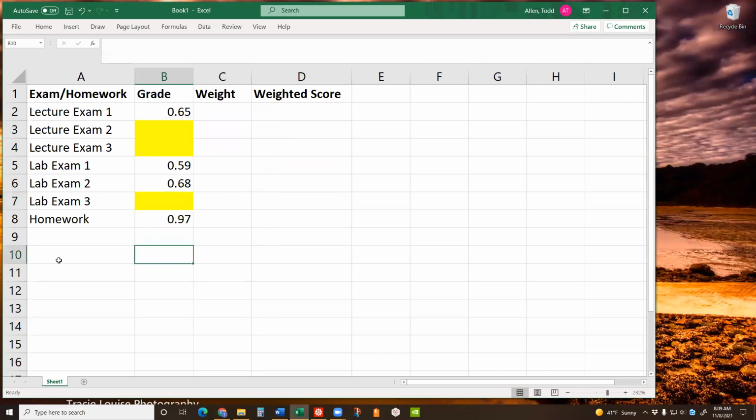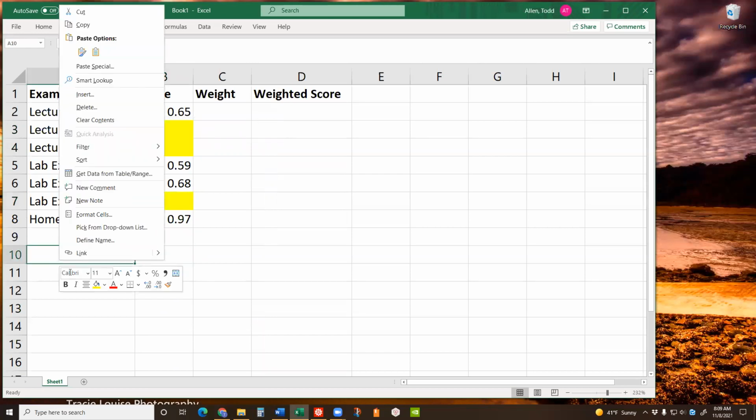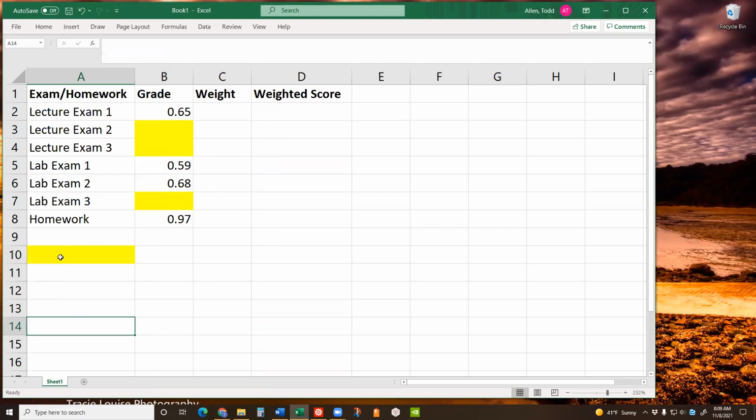I'm color coding yellow. And what I'm going to tell you is that anything in yellow is an estimate. Okay, that's the only way we can do this at this time, because you have not yet taken these exams.